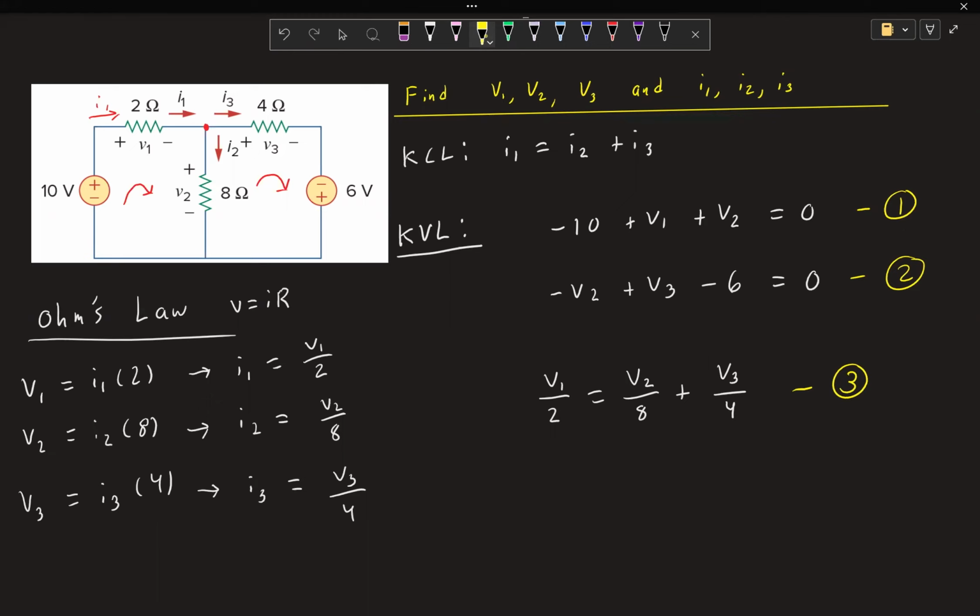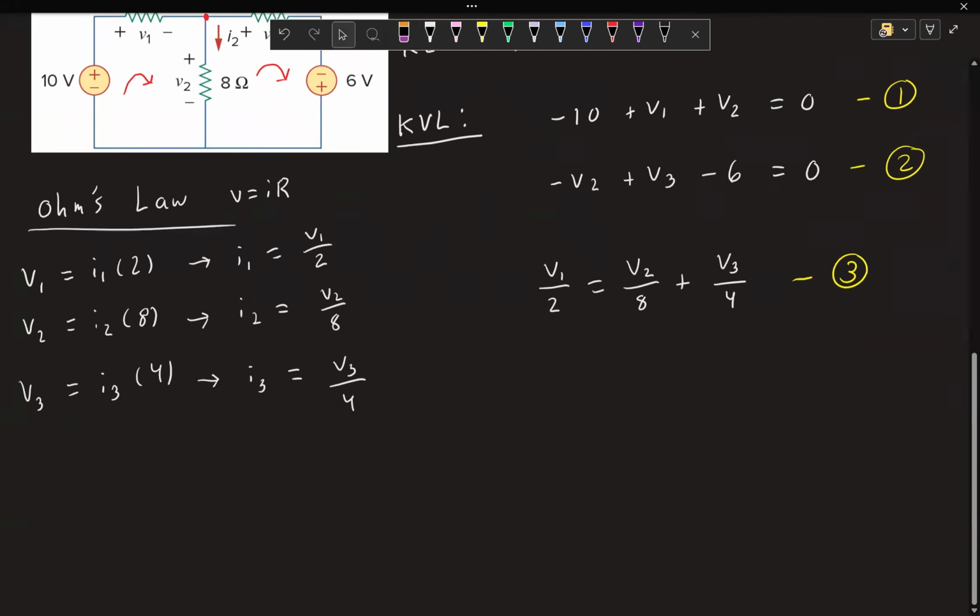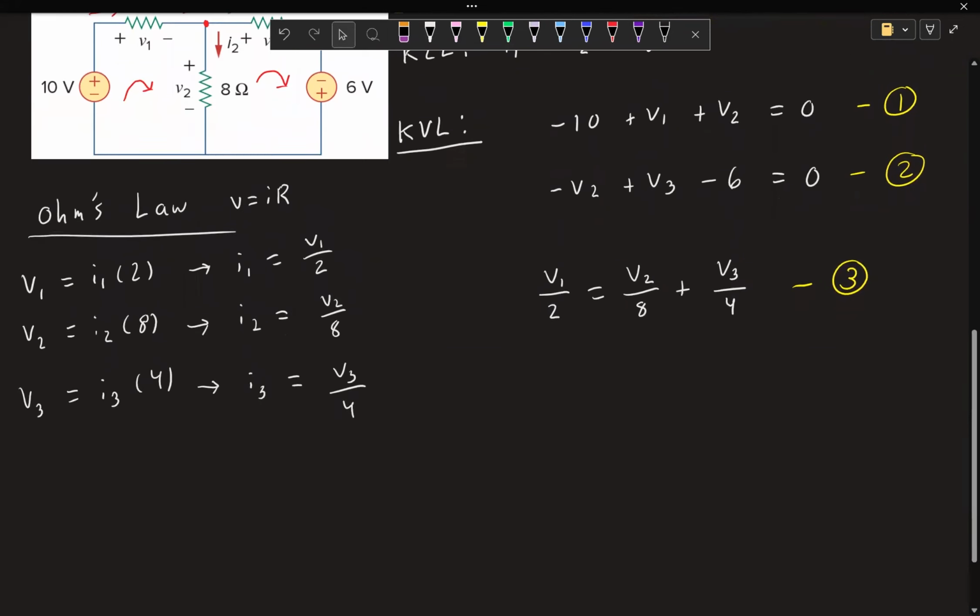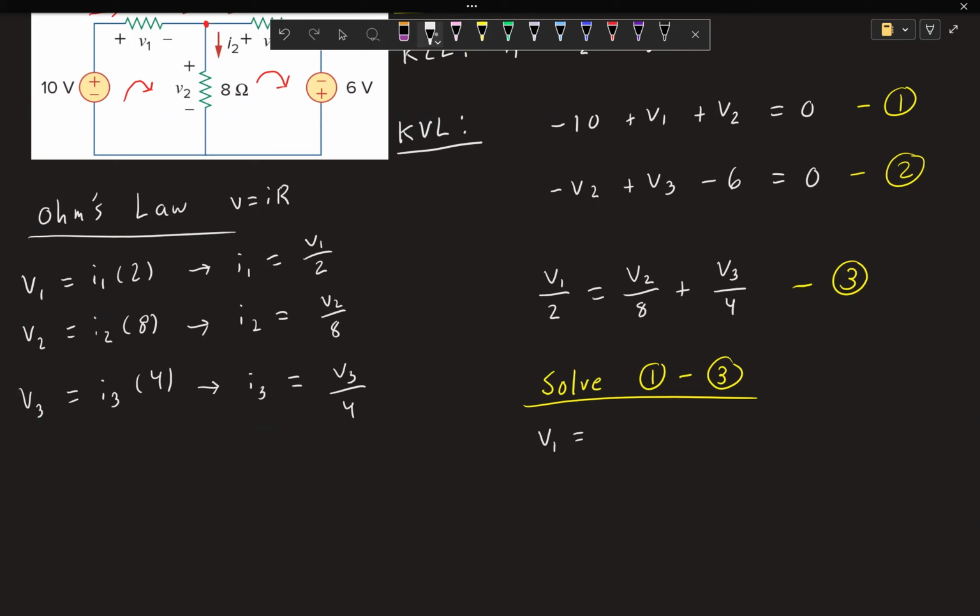Now, this is 3 equations with 3 unknowns. So I'm not going to do all the algebra in this video. It's just going to be solve equations 1 through 3. And then you should end up with V1 equals 6 volts, V2 equals 4 volts, and V3 equals 10 volts.